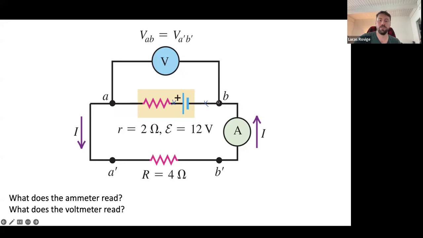So to access it, we need to retrieve the current flowing into the system, so we can know either the voltage between A and B, or the voltage between A prime and B prime. And since they seem connected, they might be similar.